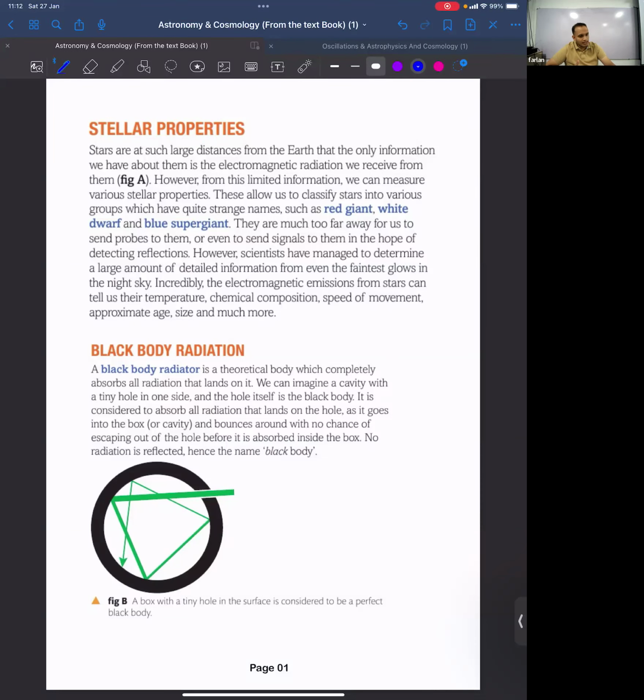So actually we are in the mid stage of the sun. If you go through this O-level textbook, you will be able to find these things. The sun has a life cycle of about 10 billion years. From that, we have spent about 4.5 billion years, so the sun is now in the main sequence state.